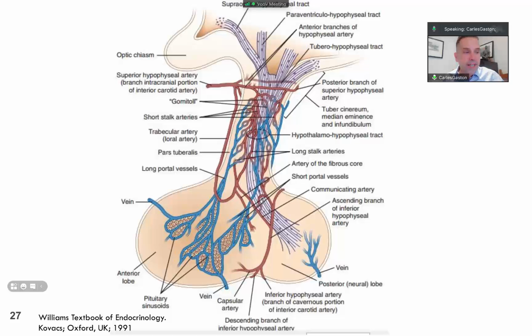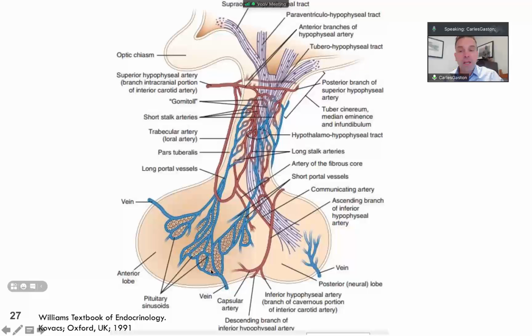This is a more intricate yet more detailed anatomy of the hypothalamus, the axonal tracts, and also the blood vessel system. We're not going to cover everything, but it's for you to have and to look at while you're studying.